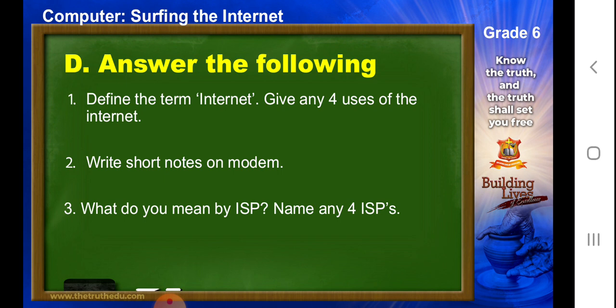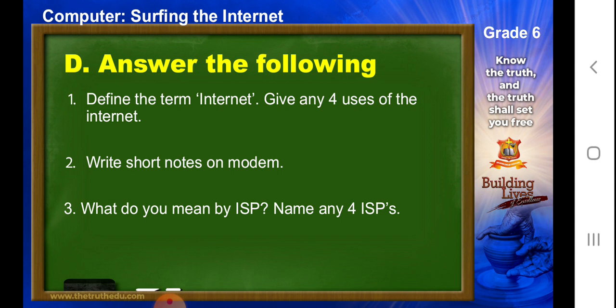You can talk about a worldwide network of millions of computers. You can mention it is a mode of communication, research and exchange of information, and you can also mention that earlier it was called ARPANET. So we have a lot of points here. Any 2 points, if you have mentioned here, then your answer is considered as complete.